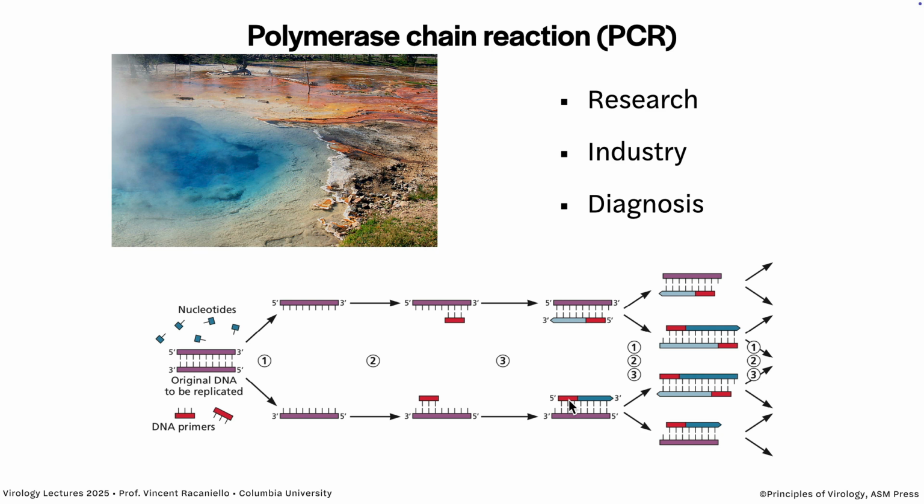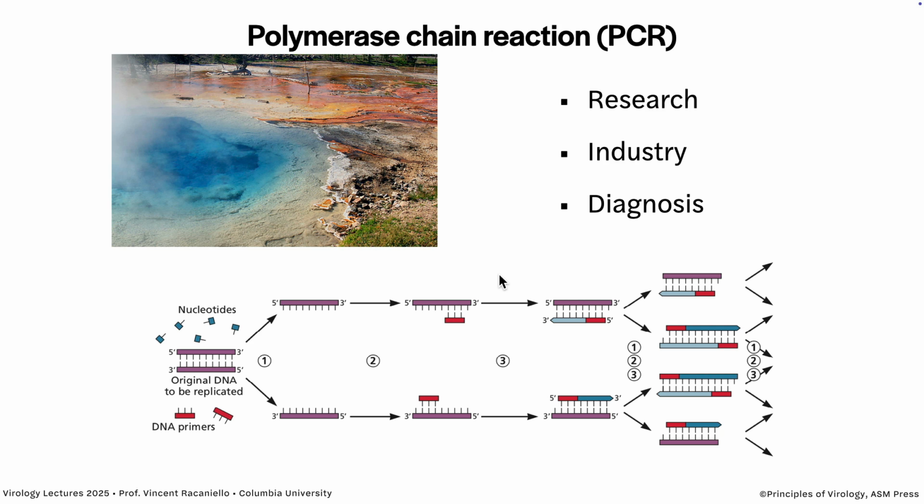So now you have two double-stranded copies where you had one before. You repeat that over and over. You have 4 and 8 and 16. So you need a polymerase that can withstand multiple shifts in temperature up to 100 degrees. And Taq polymerase, Thermus aquaticus polymerase, can do that. Very important technique for research, industry, and diagnosis.